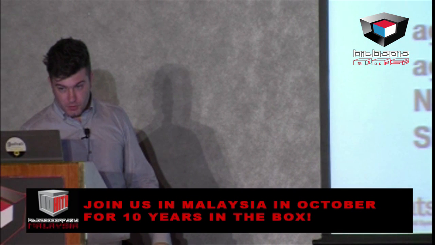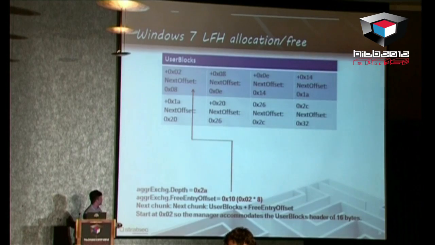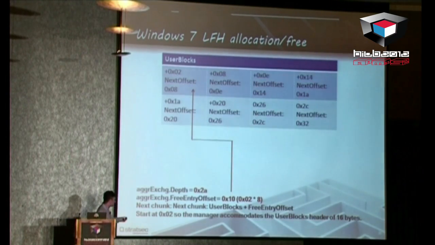So this is essentially how it's working. You've got the chunks to be allocated. You've got a free entry offset down here that points to the first chunk. The free entry offset is calculated by using the next offset, or the offset to the chunk, and multiplying it by 8. And if you do user blocks plus this value, it will equal that chunk there.